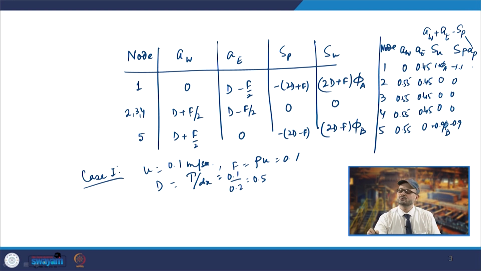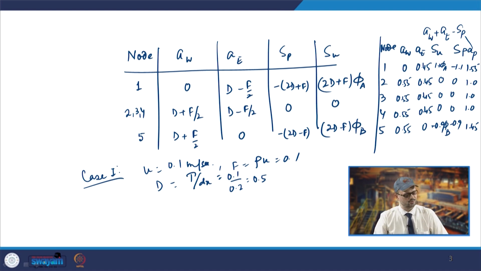So, AP will be coming as 1.55. Similarly, you have 1 here, you have 1 here, and 1.45. That you can calculate yourself, and you have the values in that table.